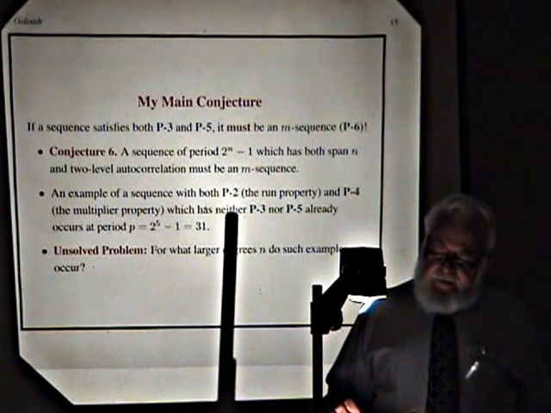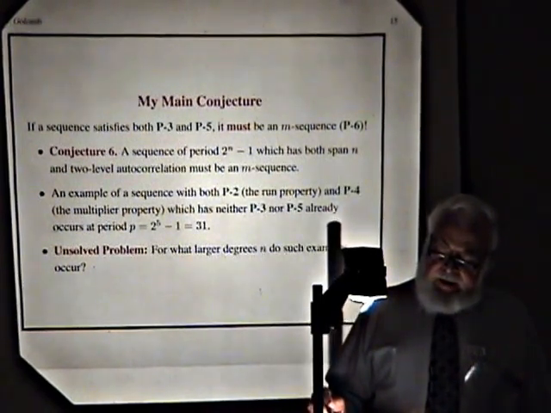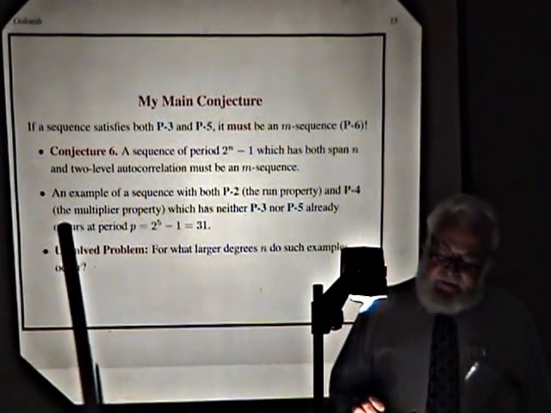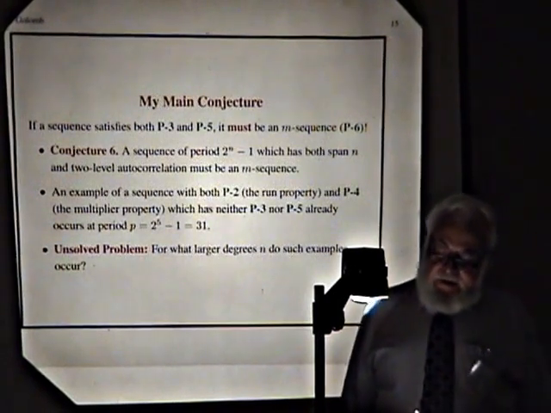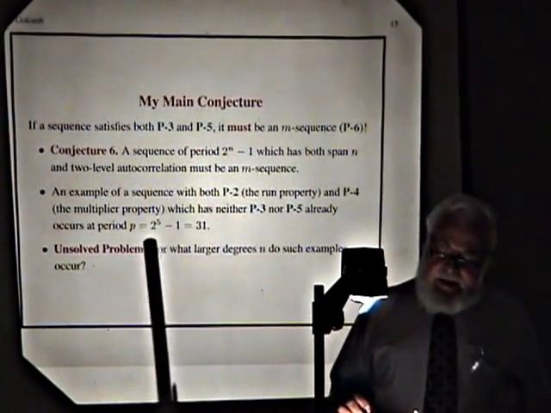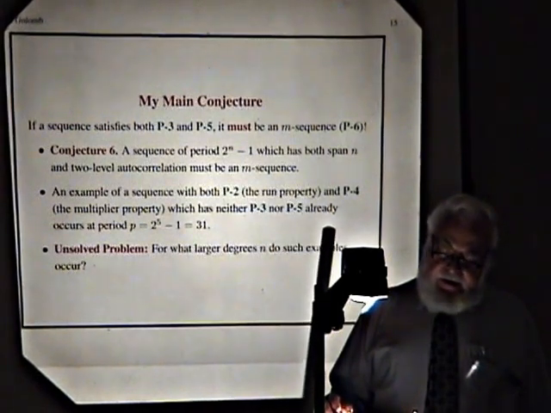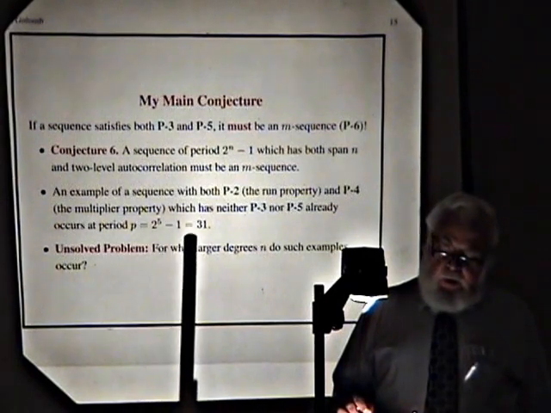But if you have, instead of the span n property, only the run property, and the weaker multiplier property that's weaker than the correlation property, and you have neither the span n nor the autocorrelation, having both of these already occurs at period 31.